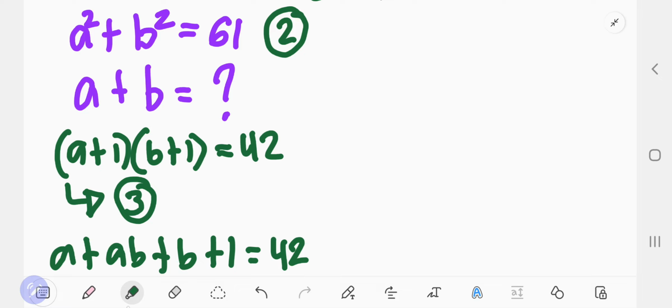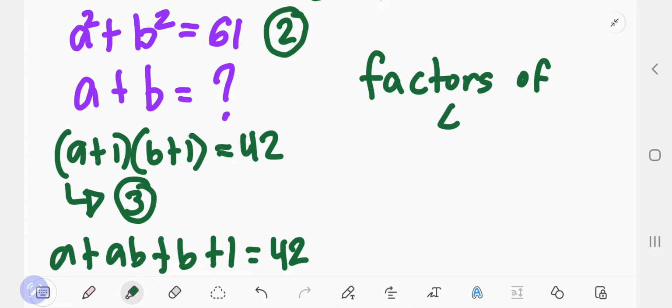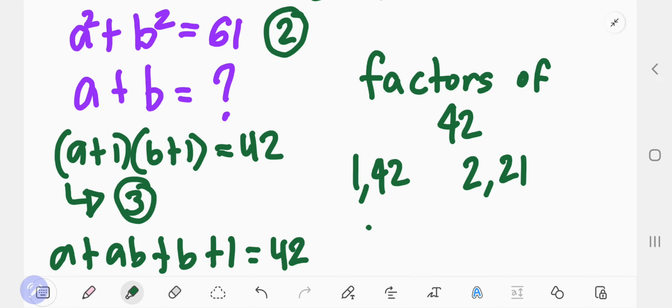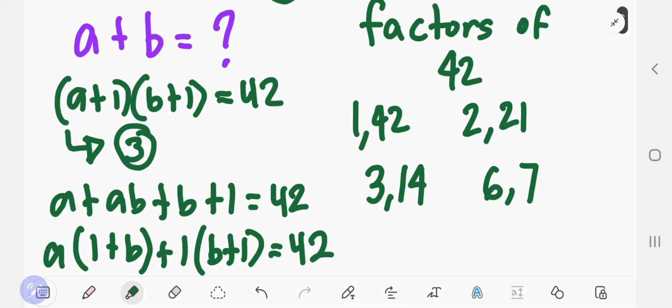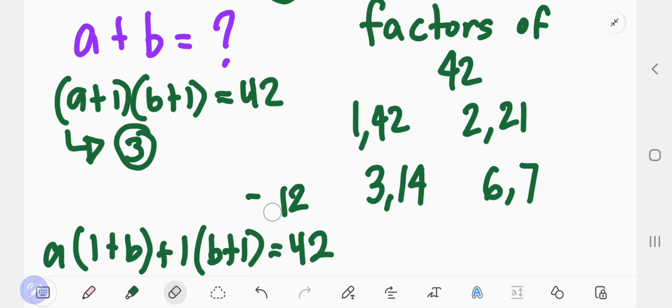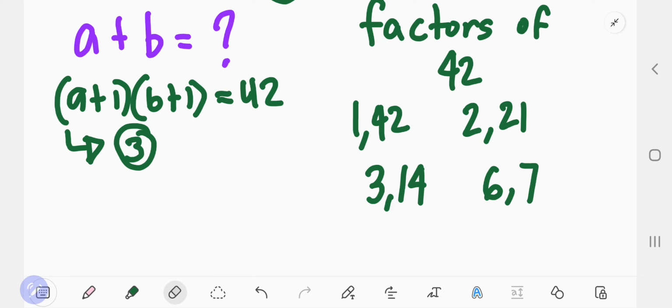And let's list down the possible factors of 42. The factors of 42 are 1 and 42, 2 and 21, 3 and 14, and 6 and 7. So 1 and 42 can be a plus 1 and b plus 1 respectively.